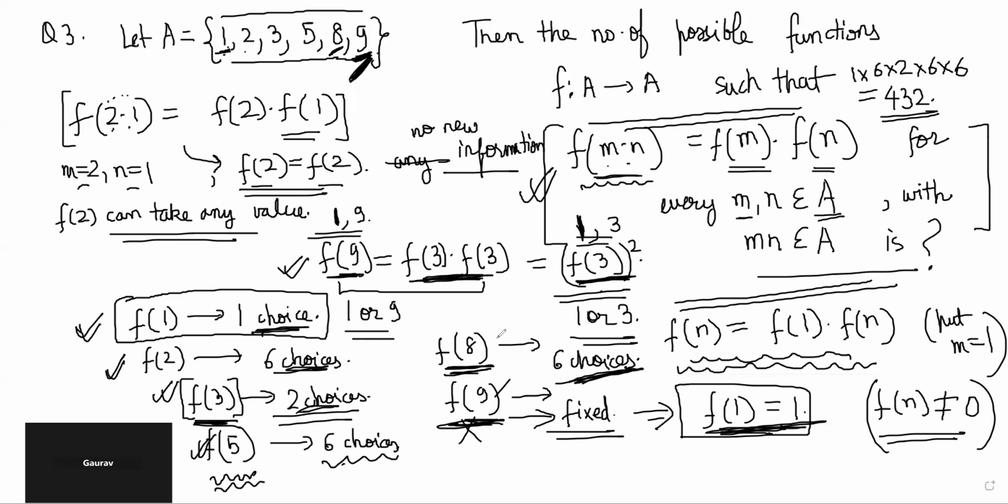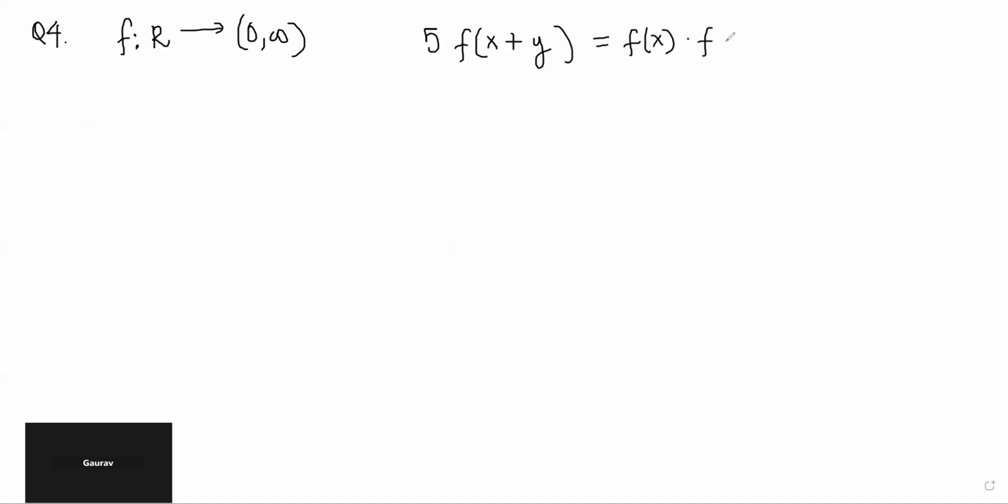Okay, then next one is: f is a function from real to 0 to infinity such that it satisfies this relation, 5 times f of x plus y is equal to f of x into f of y, for all x, y belonging to real.